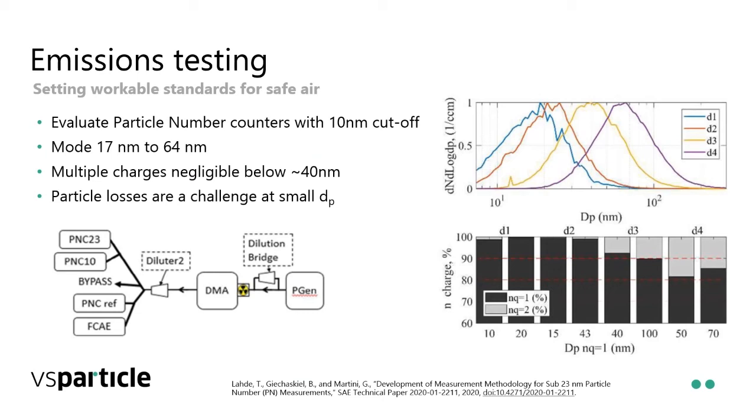But as soon as you go through a neutralizer, diffusion losses outweigh any benefit you have from the neutralizer. So then it tends to be easier to just not use the neutralizer. You typically need to go through a second diluter because you have sensitive measurement equipment down the line. In this case, they had a couple of particle counters for 23 and 10 nanometer cutoffs, a reference counter, and a Faraday cup, so an electrometer that measures the charge coming through.